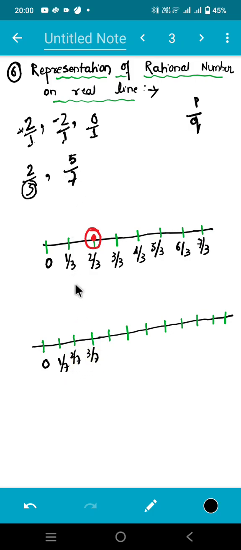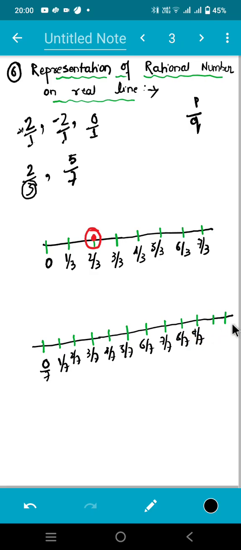So this denominator will remain constant. What are we changing? The numerator, students. First 0 by 7, you can write 0 by 7 also if you want. No issue. 0 by 7, 1 by 7, 2 by 7, 3 by 7, 4 by 7, 5 by 7, 6 by 7, 7 by 7, 8 by 7, 9 by 7, and so on you can write.